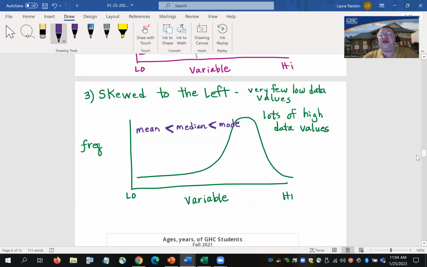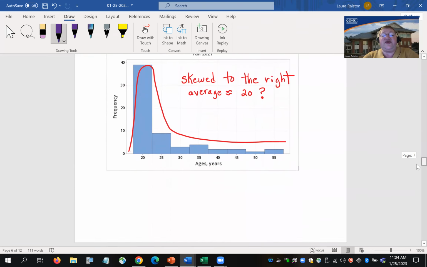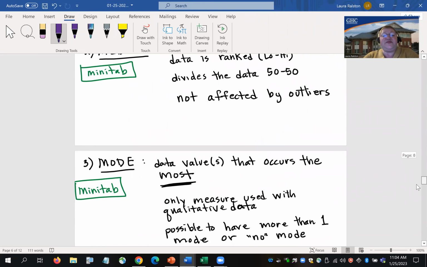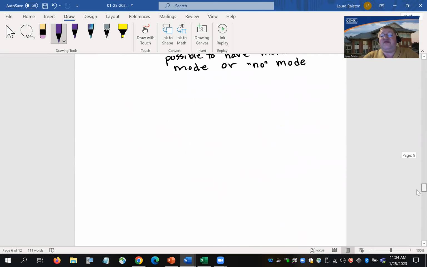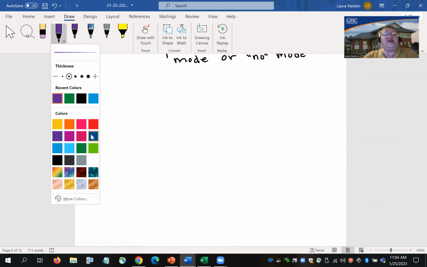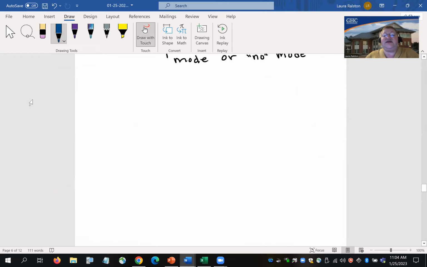And I'll show you how to do that when we get through talking about our different measures of center and measures of variation. The next grouping of descriptive statistics is called measures of variation.